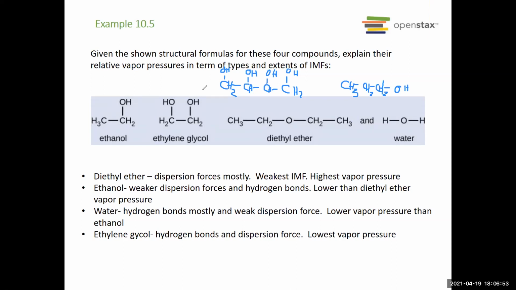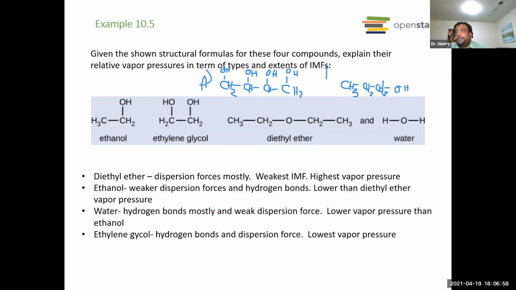The one on the right. A or B? So you're saying B? B. That is correct. Okay. Simple, not too hard.